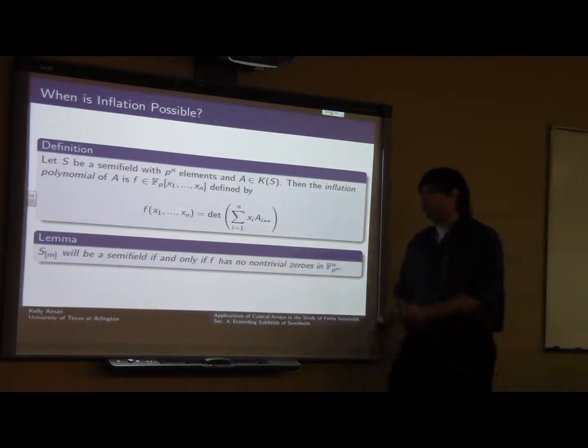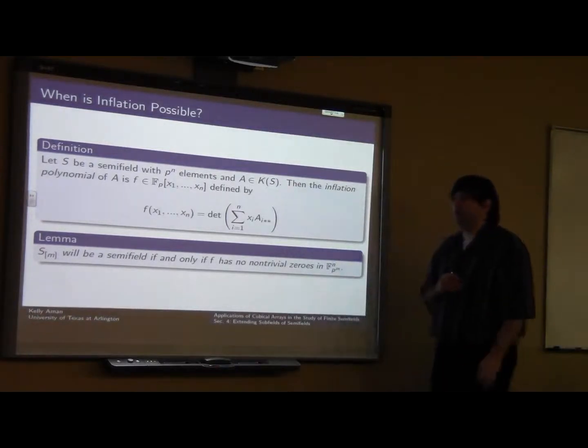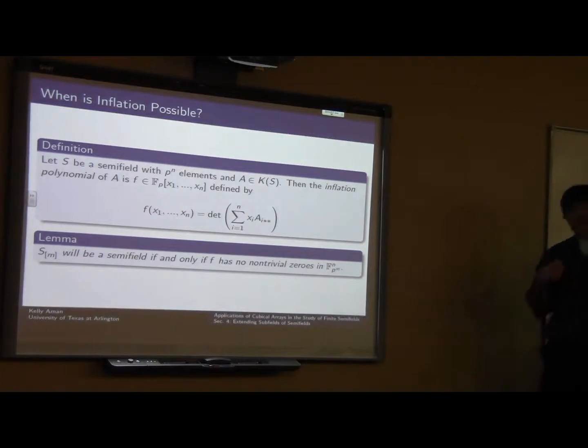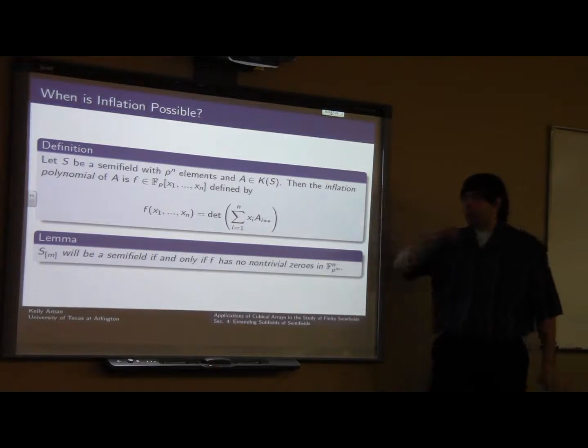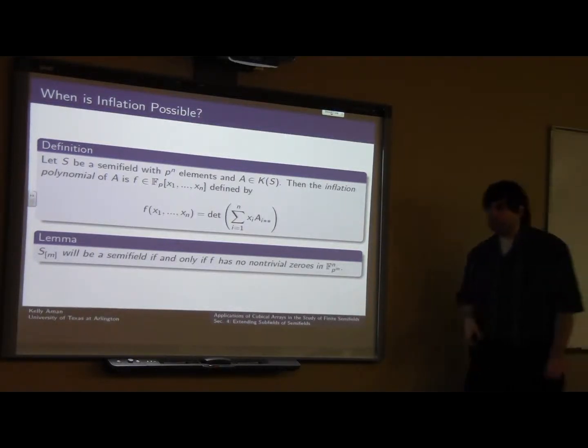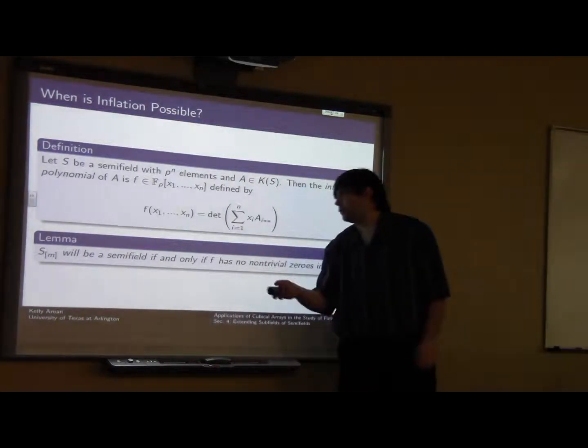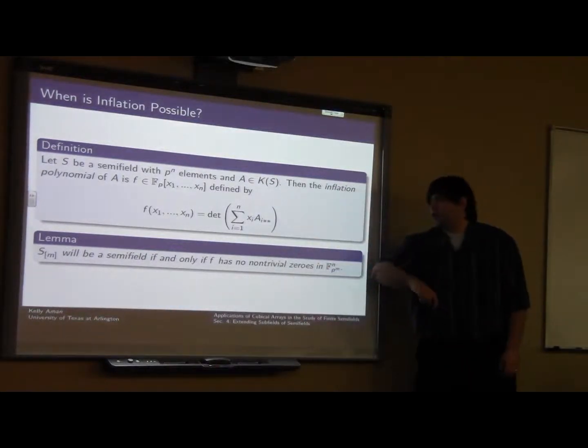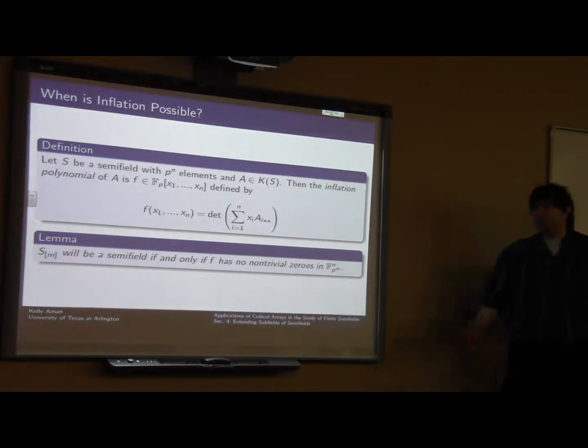Now, for the question of how we can determine whether or not this M inflation actually gives us a semifield, one way is to turn this into a problem involving polynomials. We define what I call the inflation polynomial of A to be the polynomial F where you take the sum over the indeterminates x sub i times the slices A sub i star star, which gives you a matrix.